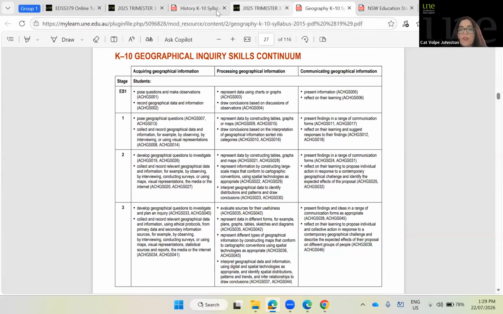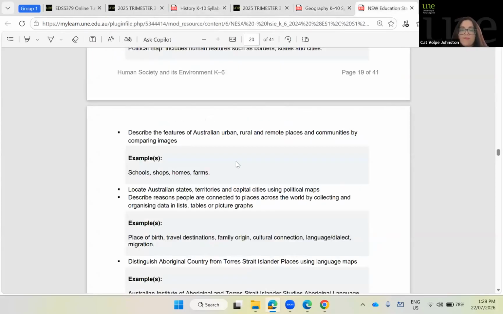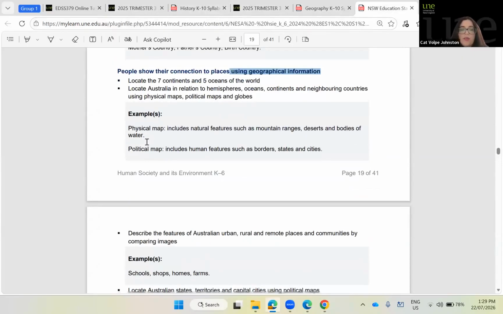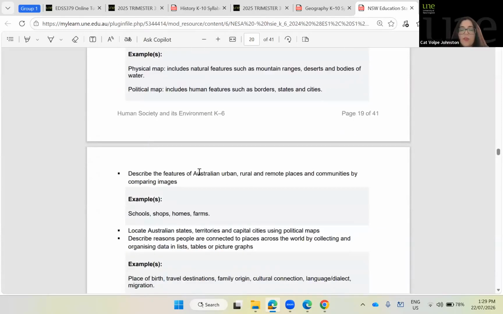You still need to be able to work with geographical data, whatever that is. So for example, looking at physical maps, that's geographical information. It's data. Students are describing the features of urban, rural, remote places by comparing images. So that is processing information.